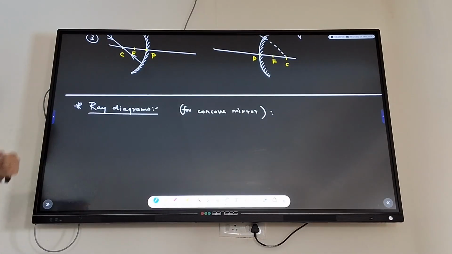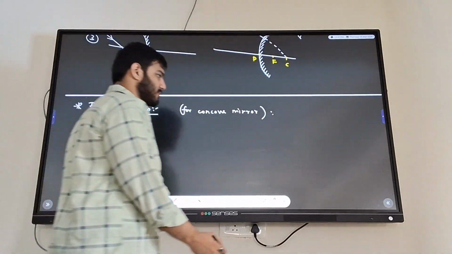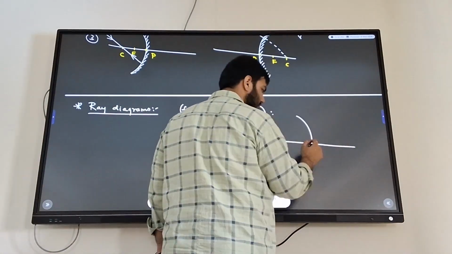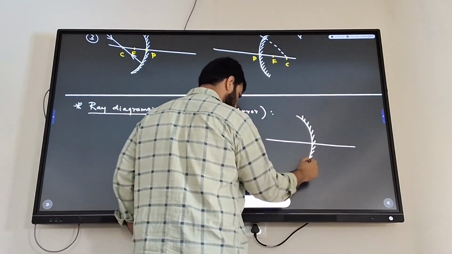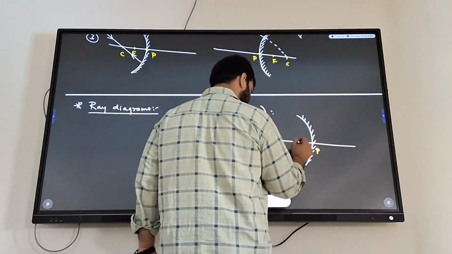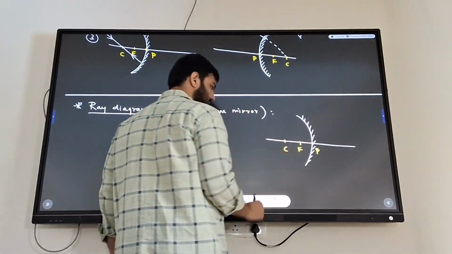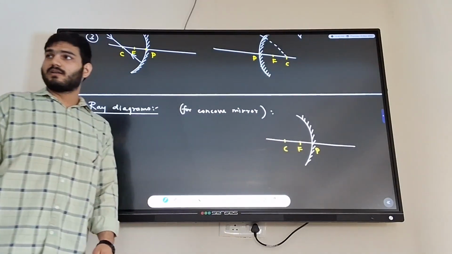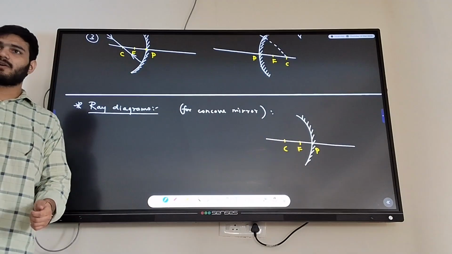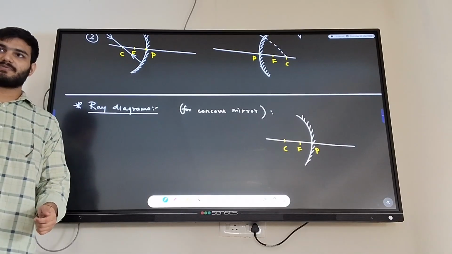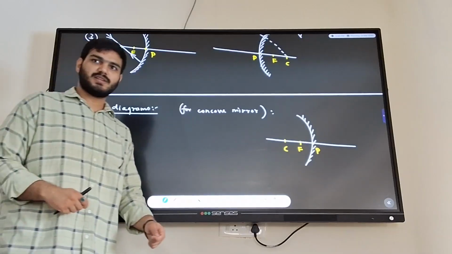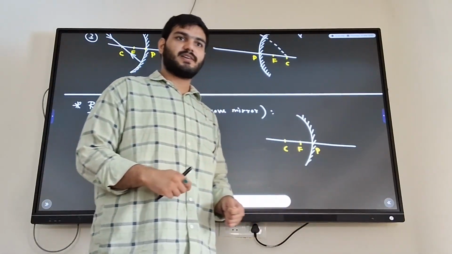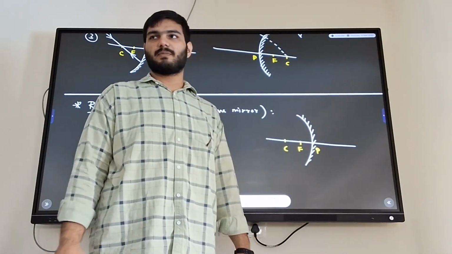The first position that I will consider, so understand what I am about to do. I will have a concave mirror. Here there will be a pole, a focus, a center. What is my aim? To understand where my image will form based on where my object is. I will keep changing the position of the object and try to understand where my image will be.